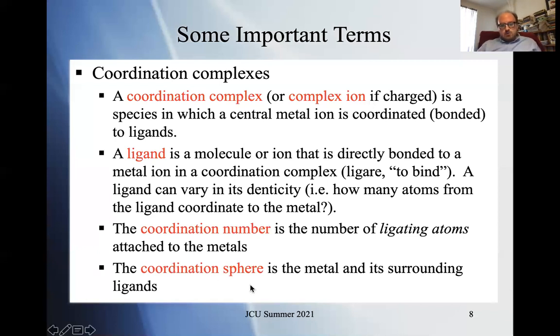Now, there's another term, which is called coordination sphere. The coordination sphere is not super relevant to what we're going to see because the complexes we work with are relatively simple. But in more complicated complexes, like hemoglobin, for instance, the coordination sphere is basically just the metal center and the elements around the metal center.